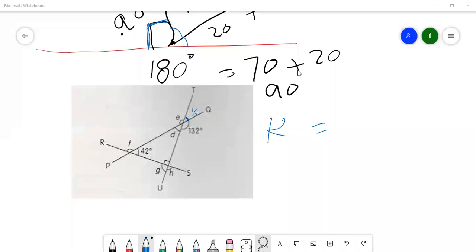Is it 20? Why 20? Yes, it is less than 90, but how did you know it's 20? No, it's not 20.